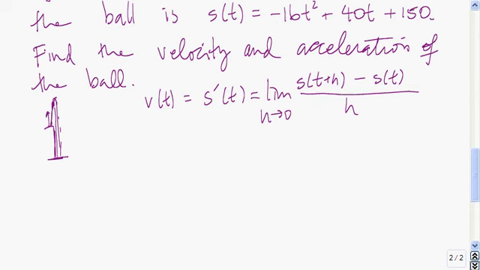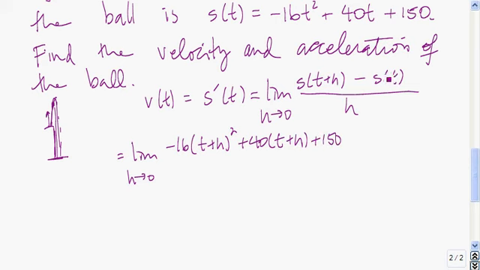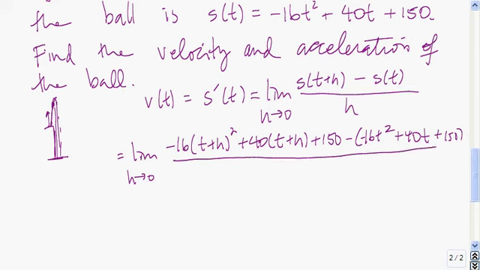So this is equal to the limit as h goes to 0 of negative 16 times t plus h squared plus 40 times t plus h plus 150, and then we subtract the function, all divided by h.